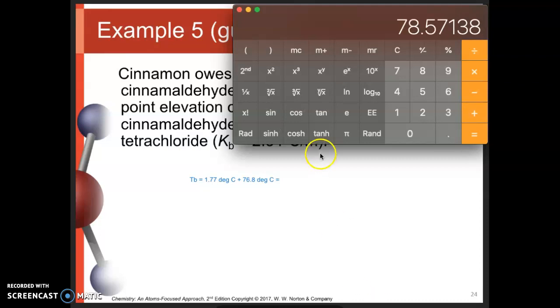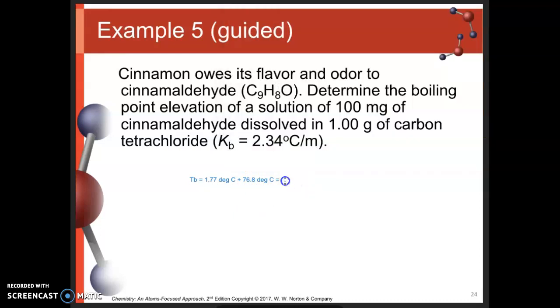To the appropriate number of significant figures, since we're only given one decimal place, 78.6 is going to be our boiling point for the solution. So we expect the solution would boil at 78.6 degrees Celsius.